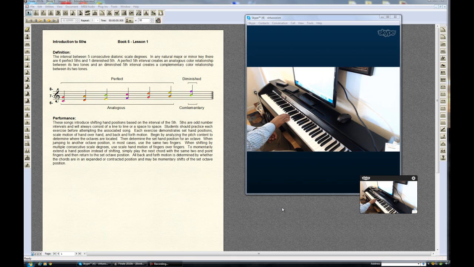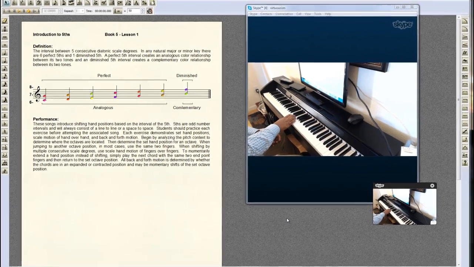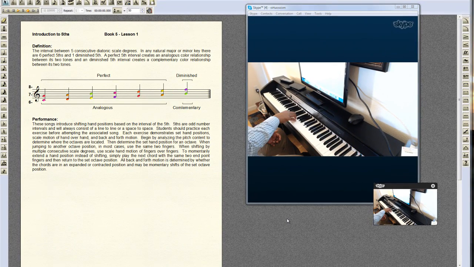Every key signature has 6 perfect fifths and then 1 diminished fifth, which is based on the concept of the complementary color pair or color opposites. So anyway, that's the idea.